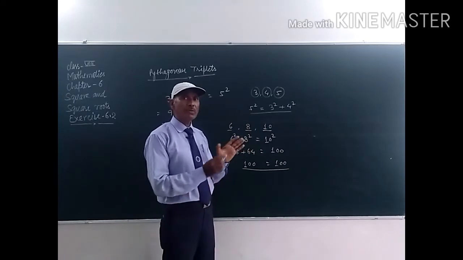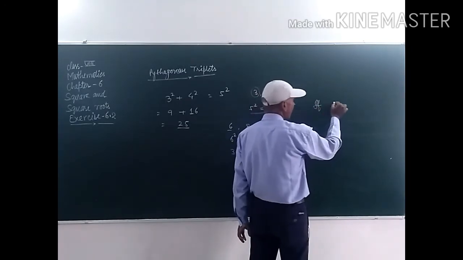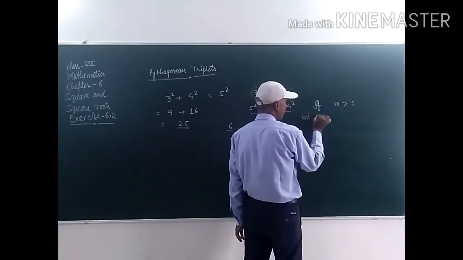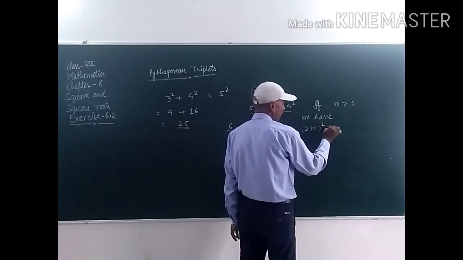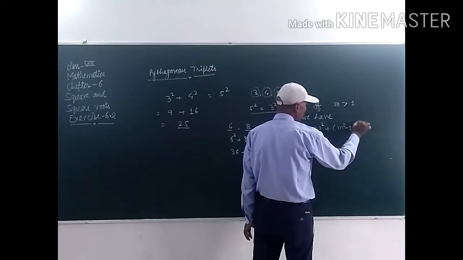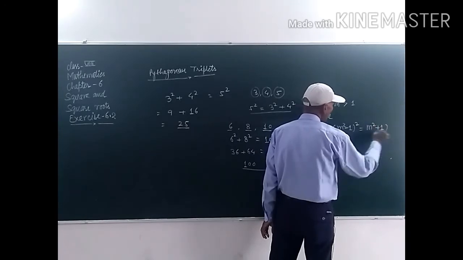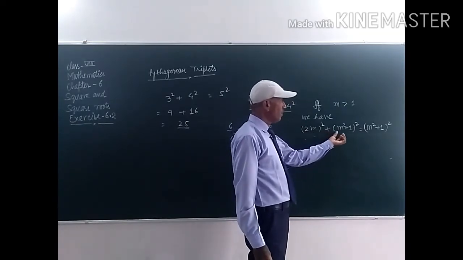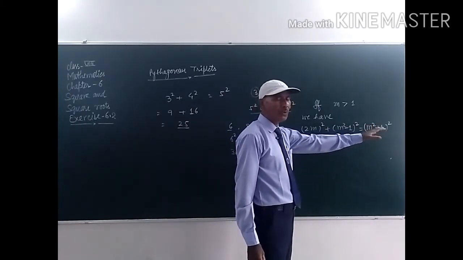Now we will discuss a rule, students. If there is a number m and it is greater than 1, then we have (2m) squared plus (m squared minus 1) whole squared is equal to (m squared plus 1) whole squared. Clear, students?